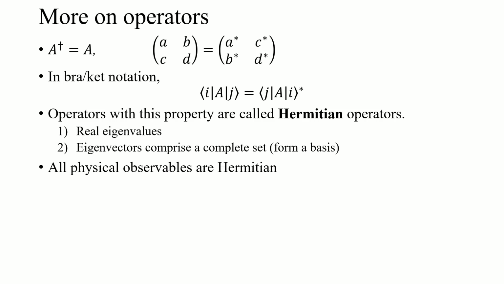And it turns out why they're so important is that all physical observables are represented by Hermitian operators, which makes sense. The results of a measurement, we measure real values. So the eigenvalues are the only possible results of a measurement of a physical observable. So these need to be real.